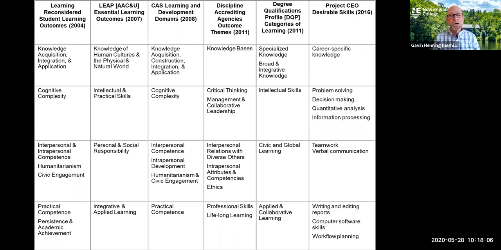So the nice thing is you can use the CAS learning and development domains to bridge across different functional areas. So in my institution, we use the LEAP outcomes for our institutional learning outcomes, but our student services area could use the CAS learning domains and dimensions and easily map to our institutional outcomes. So that's why this mapping is really important.